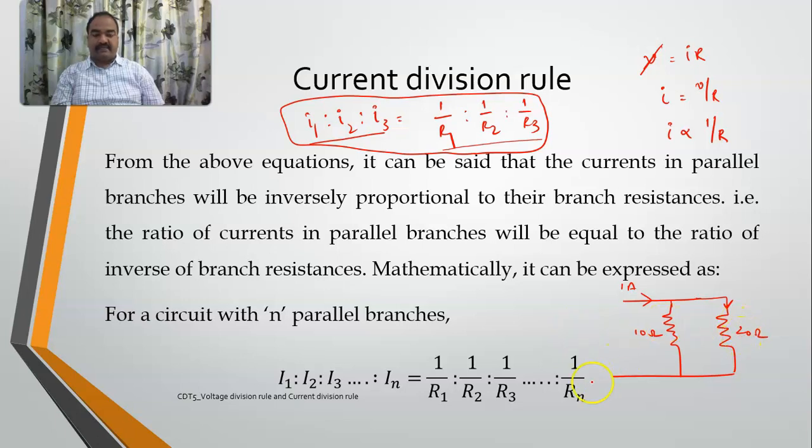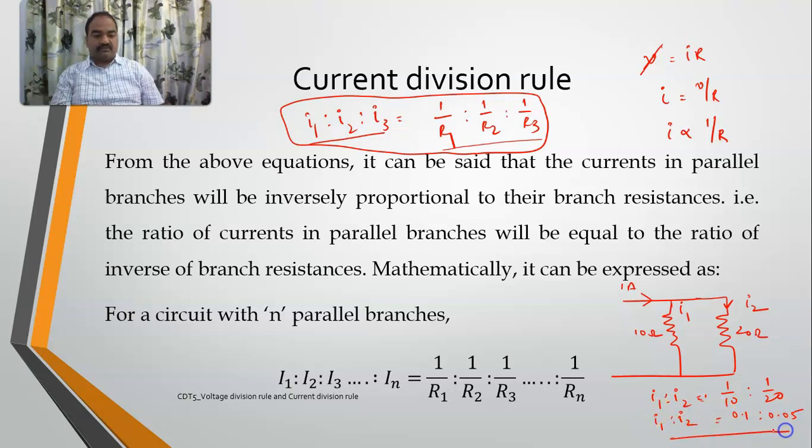But now here I am taking it as 20 ohms, right? So in that case, let us suppose this is I1, this is I2. I1 is to I2 is equal to, you are supposed to take 1 by 10 is to 1 by 20. Understood? So 1 by 10 is to 1 by 20 means it is 0.1 is to 0.05.